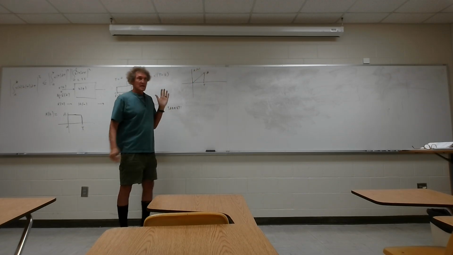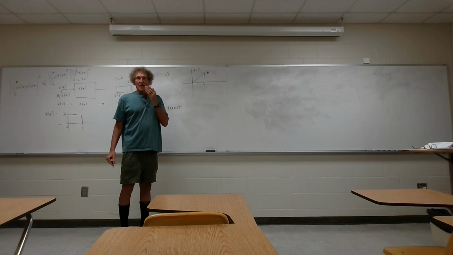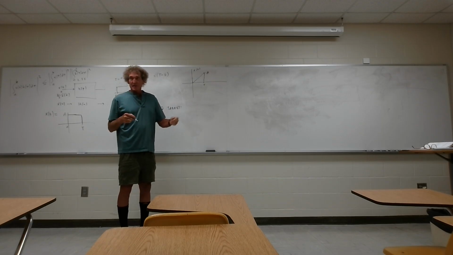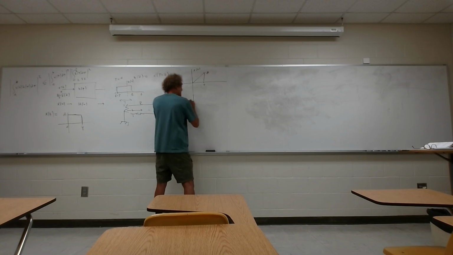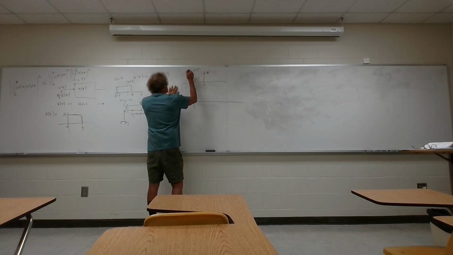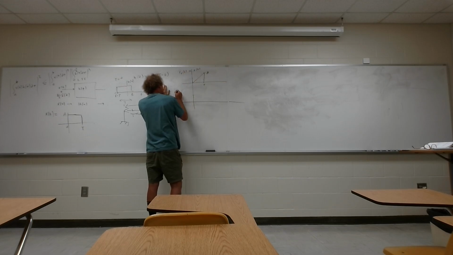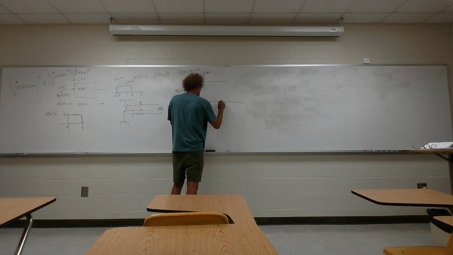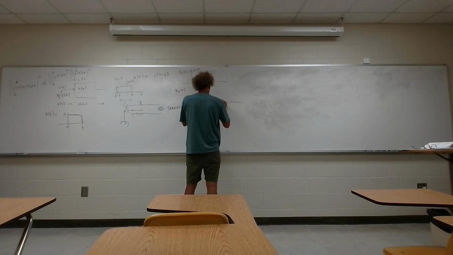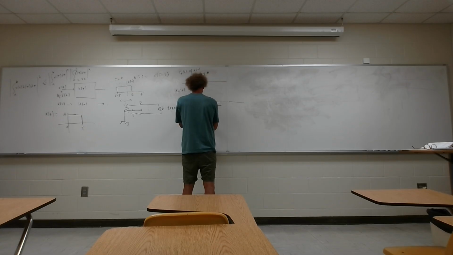Follow me? Now I listen, and the signal goes out and comes back. This is X of t. Here's what I receive. This is often called the received signal, and what that's going to be is basically that signal, only delayed by time, and then it's just going to repeat itself.